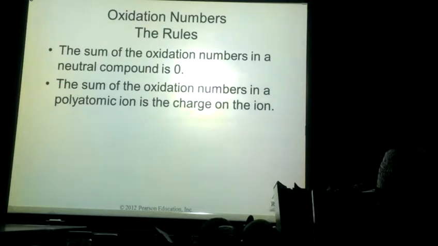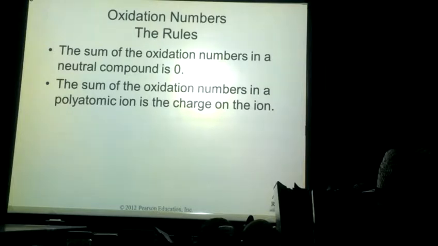The sum of the oxidation numbers in a neutral compound is 0. So we just said all of the oxidation states have to add up to give me an electrically neutral compound. And the sum of the oxidation numbers in a polyatomic ion must be equal to the charge of that ion. So let's maybe look to see what I'm talking about here.